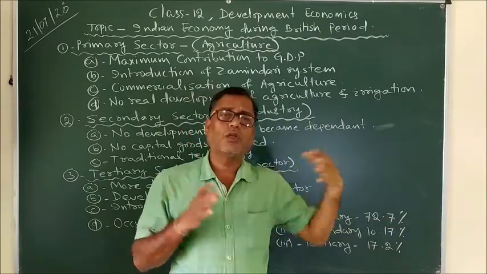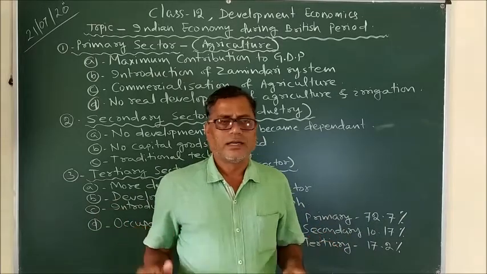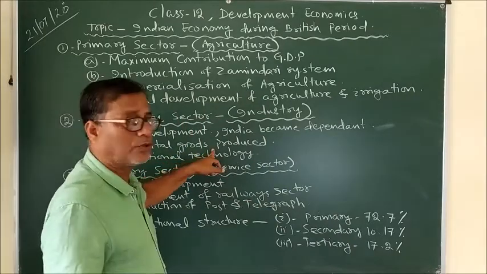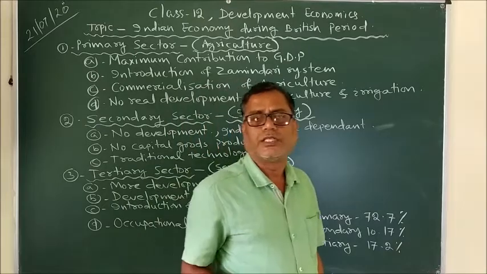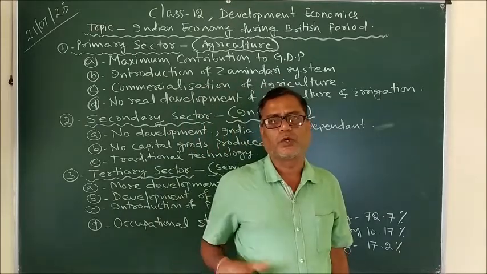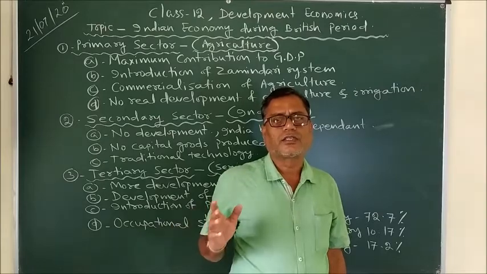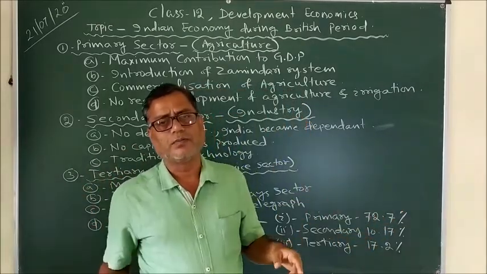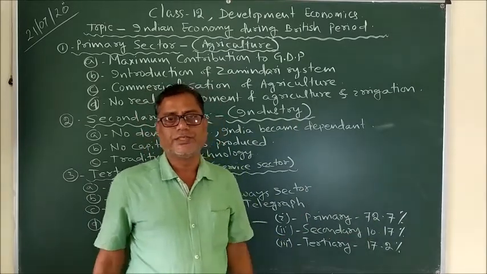So in both the ways, India was the loser. And the second point is no capital goods produced. Capital goods are such goods which actually help in the process of production, process of value addition, and they serve a longer period in the production process, like making of machineries.